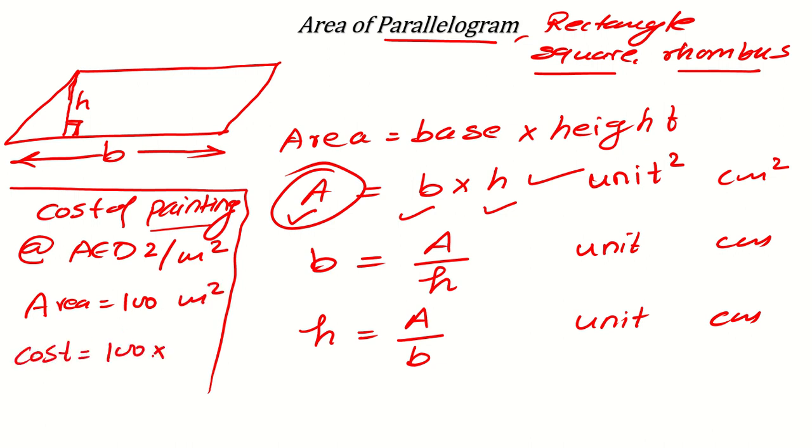Total cost will be 100 multiplied by 2, means 200 dirham. Like this you can find the cost of painting or the amount of paper for wrapping the gift box or anything. So these things involve surface area or area of the parallelogram.